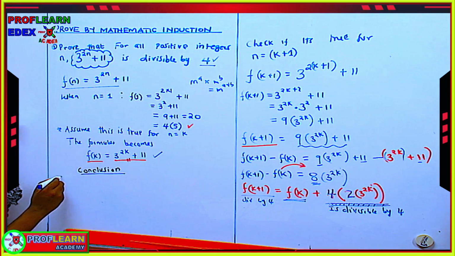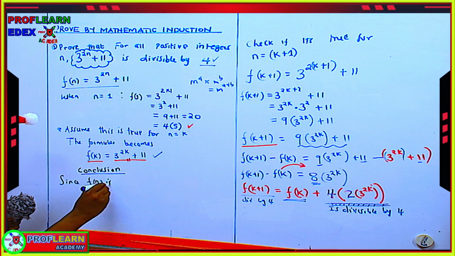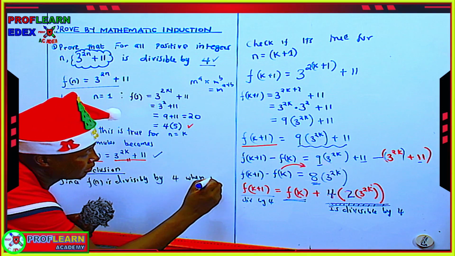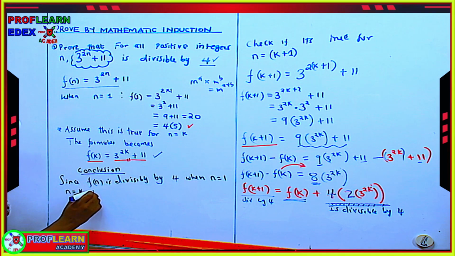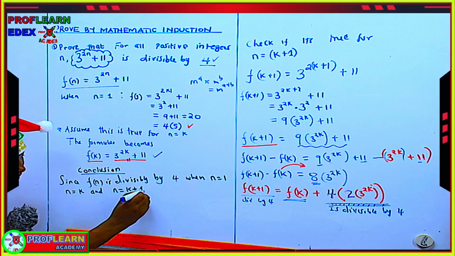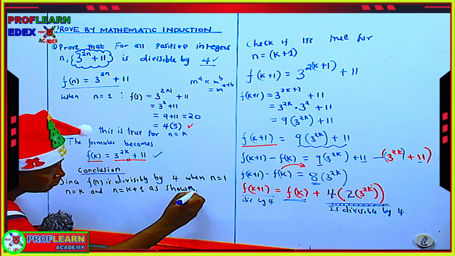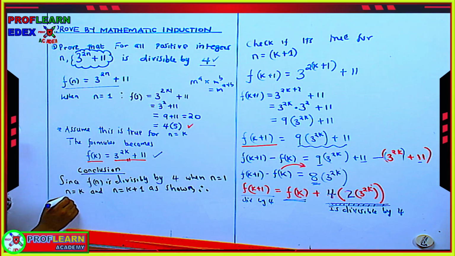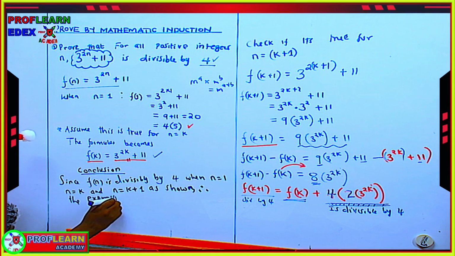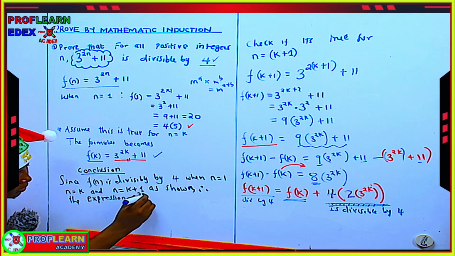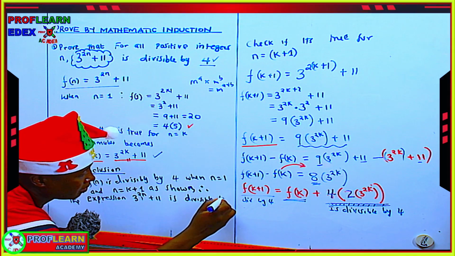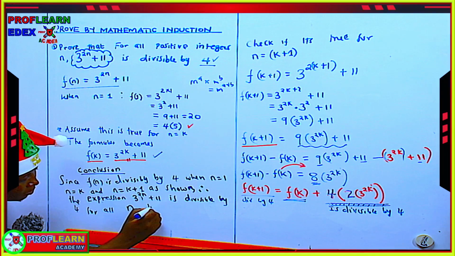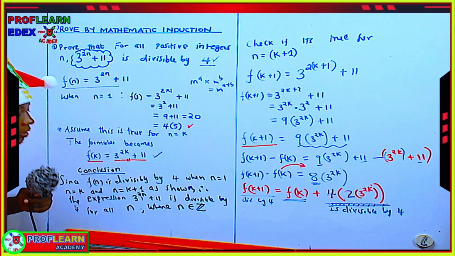We're going to say, since f of n is divisible by 4 when n equals 1, n equals k, and n equals k plus 1 as shown, therefore the expression 3 to the power 2n plus 11 is divisible by 4 for all n where n is a member of positive integers.